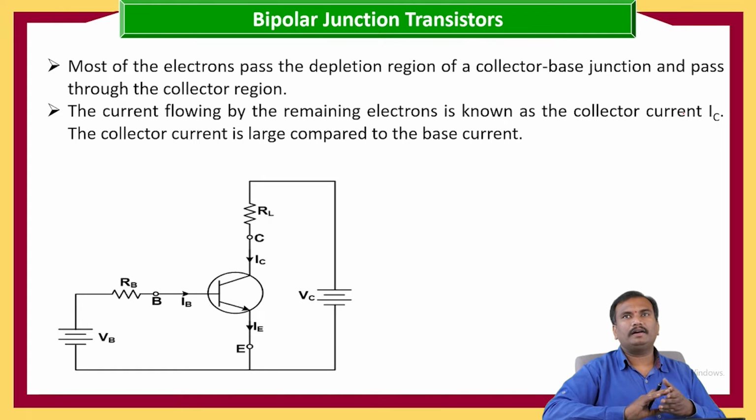Whatever electrons are moving towards the collector from the base region will create a current. That current is called the collector current, and this collector current is large as compared to the base current.